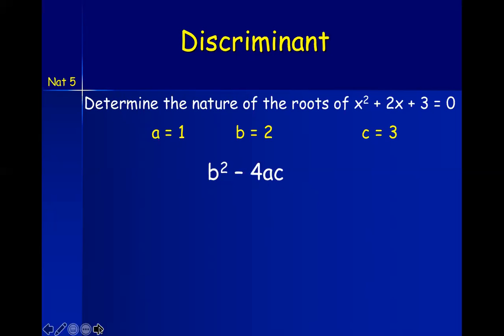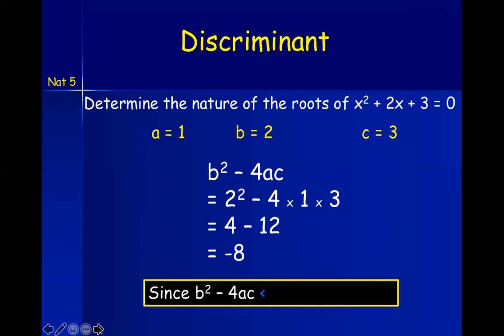So b squared is going to be 2 squared minus 4 times 1 times 3, so 4 minus 12. So you can see here, I've got a negative value. And what did we say when we've got a negative value? The statement is we've got no real roots because the graph never cuts the x-axis.